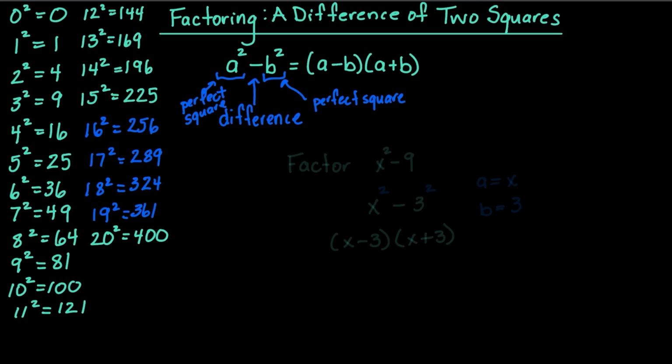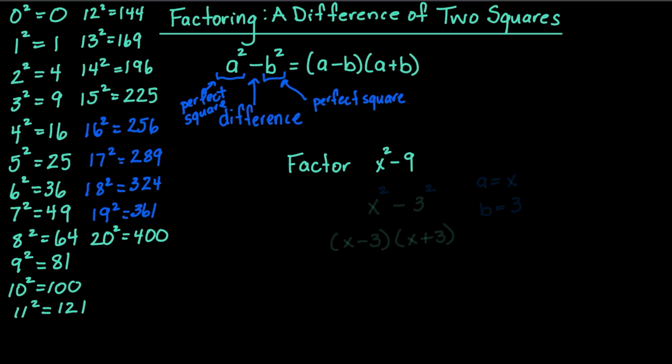So let's take a look at an example. Let's say we want to factor x squared minus 9. When you first start off with the difference of two squares, you want to see what the actual things are that you're squaring, and then you should become more fluent and just be able to factor without taking this additional step I'm going to take.